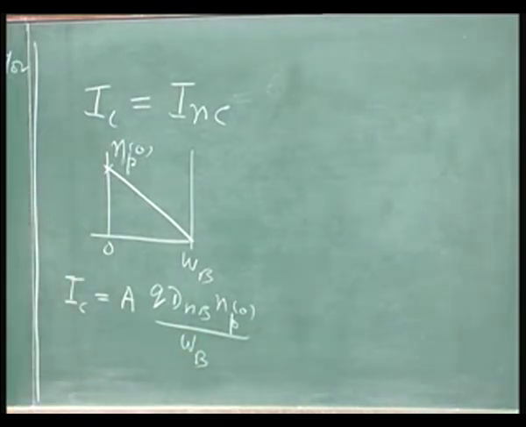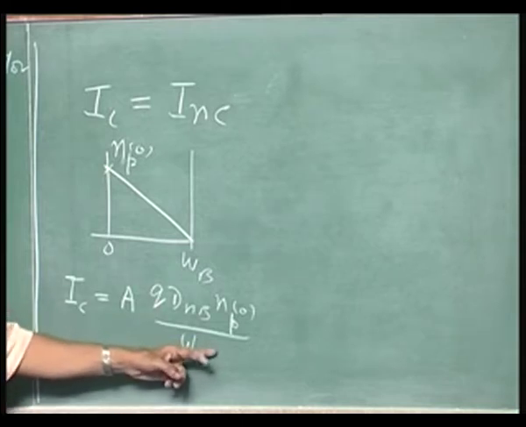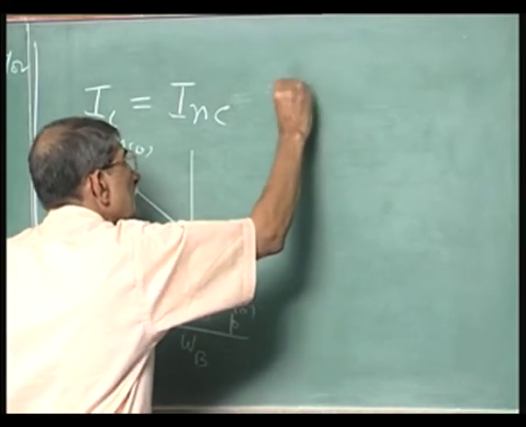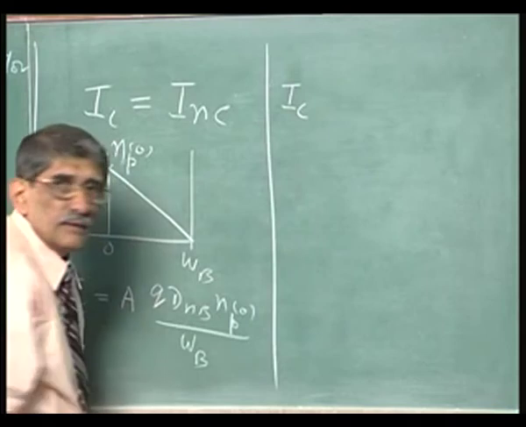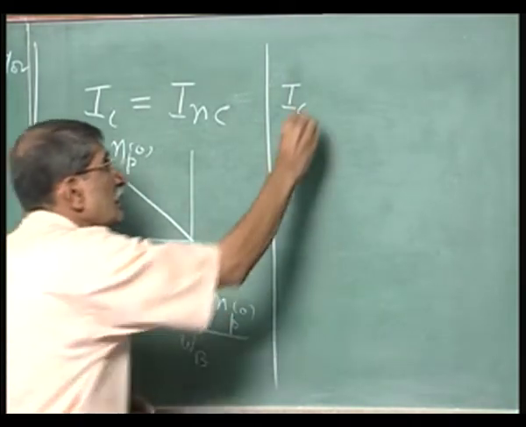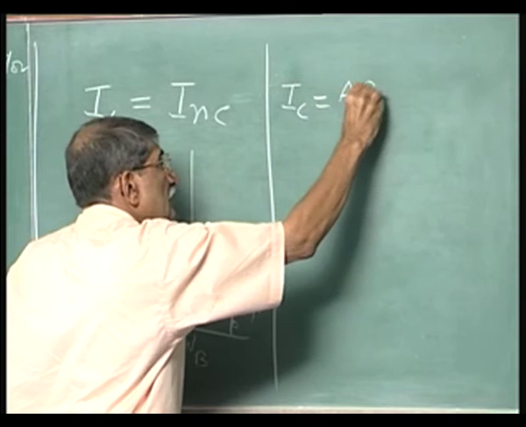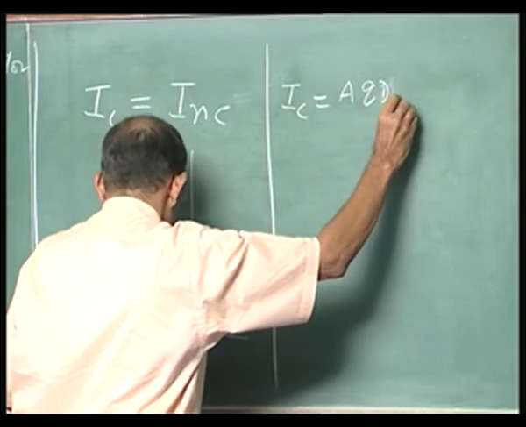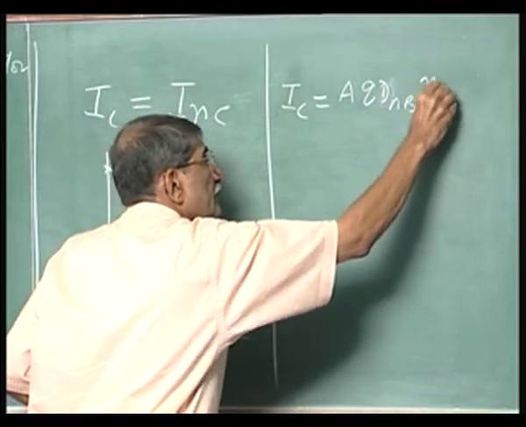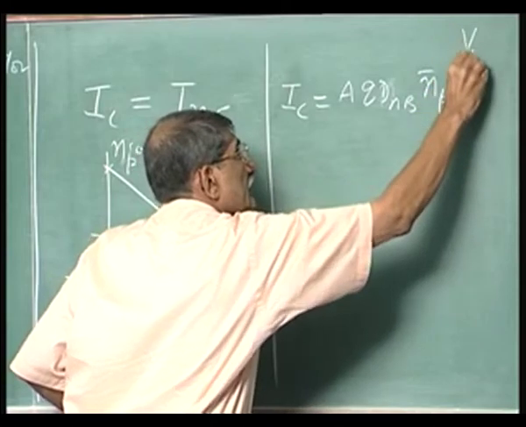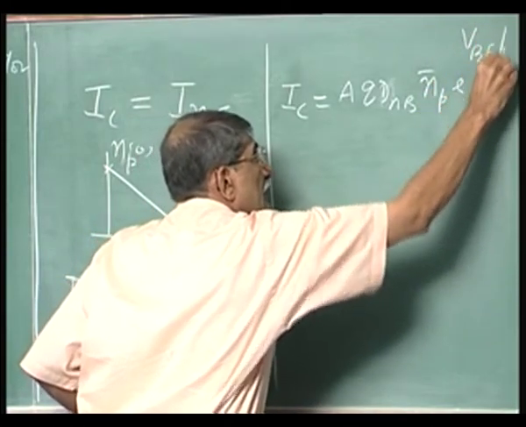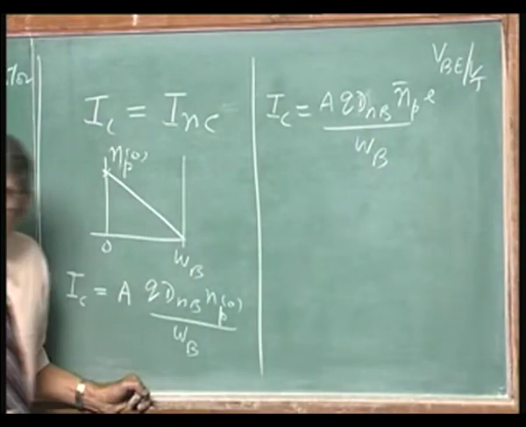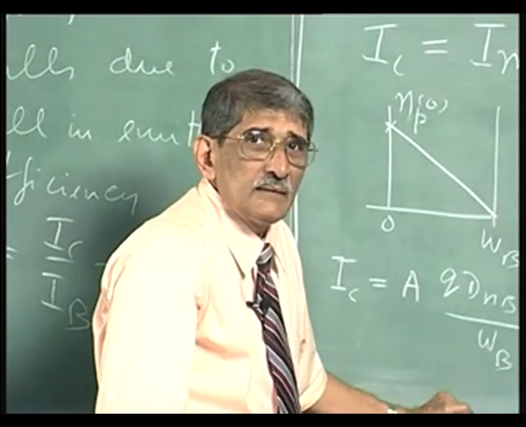Okay. NP0 is actually NP thermal equilibrium e to the power of VB by VT. So you have IC therefore equal to area into Q DNB into NP bar e to the power of VBE by VT divided by WB.